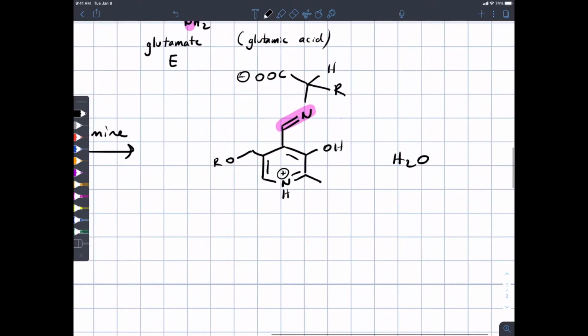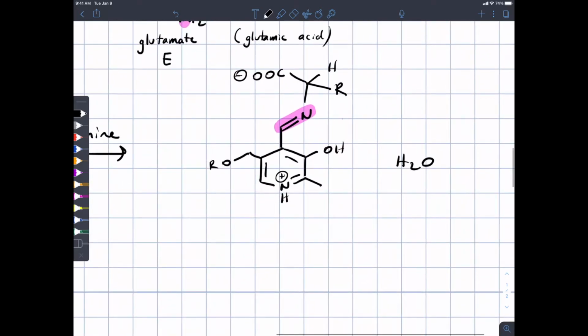But there's something interesting about this imine intermediate, and that is that the double bond with the nitrogen is conjugated with the aromatic ring, and because that pyridine ring is in its pyridinium form, with a positive charge on the nitrogen, that ring is an electron sink.